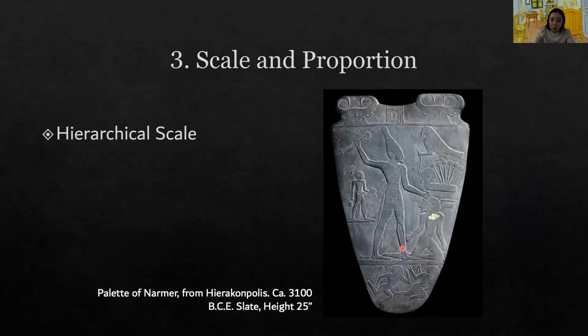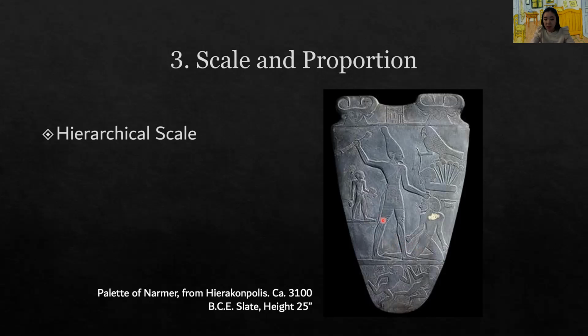So when depicting an important personage, the Egyptian artists strove to show each part of the body to best advantage so that it could be read clearly by the viewer.